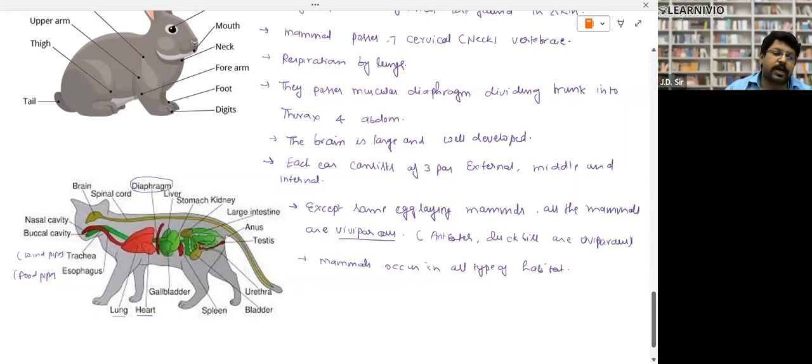Go through your NCERT and ask me if you have any doubt in your animal kingdom. Then we will start with the next one. The next one is also a very big chapter, but no issue. Go through it. Then we will start with the morphology of flowering plants.